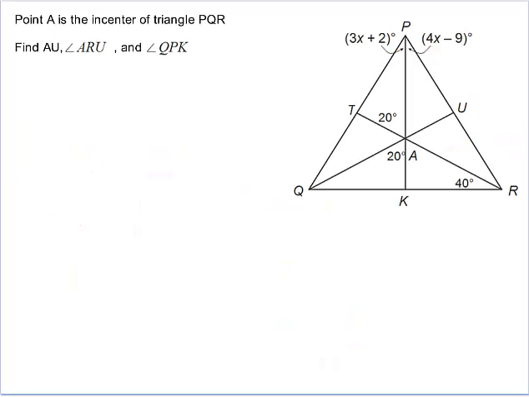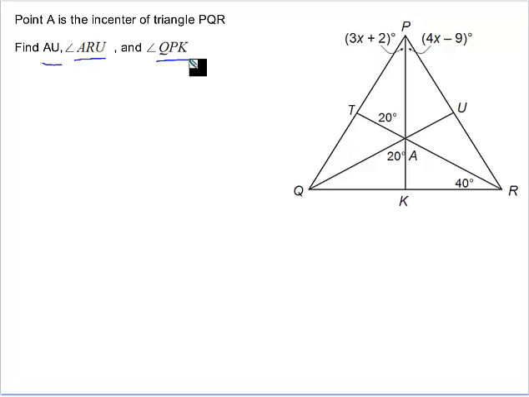Okay, our next example, point A, we're told is the in-center. And so in-center is a vocab word, so that's going to help us get some measurements here. We want to find out what AU is, angle ARU, and angle QPK is. So, for starters, let's take a look at what we know.